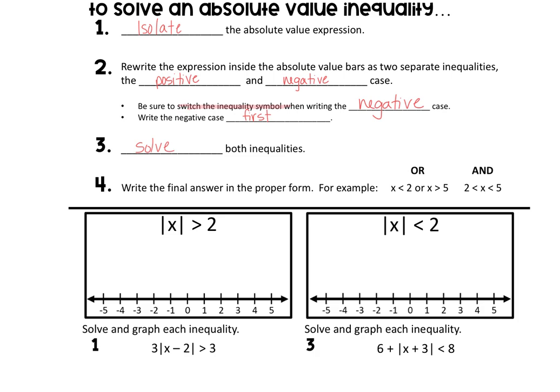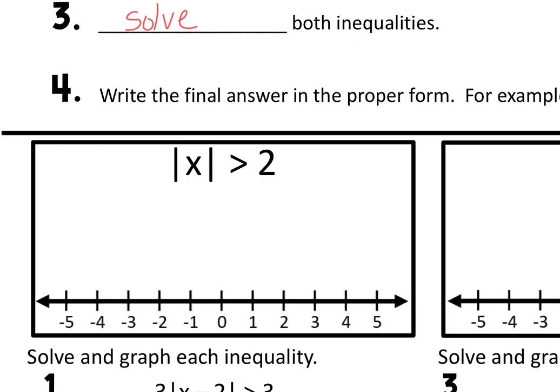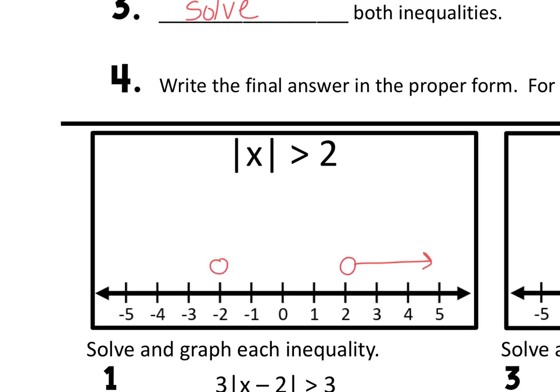So when you have a greater than inequality, it is going to graph like an or compound inequality, because it has to be greater than 2 away from the middle, but there's two sides of our number line. So it can be more than 2 away on the left or more than 2 away on the right.